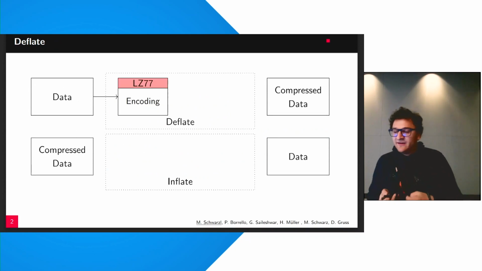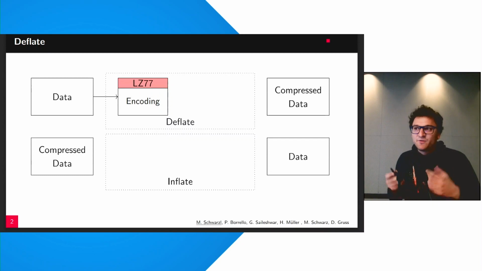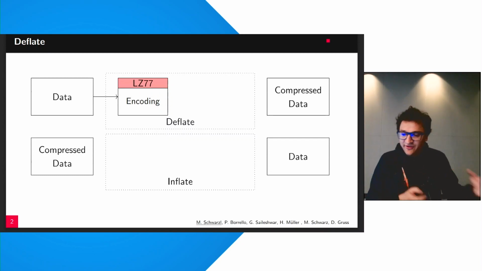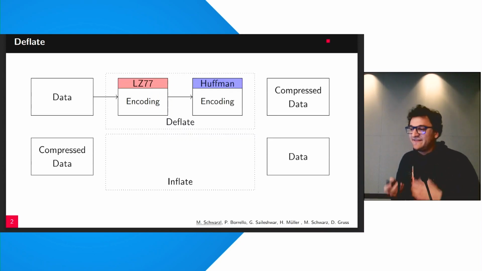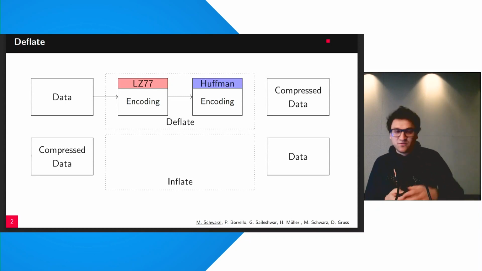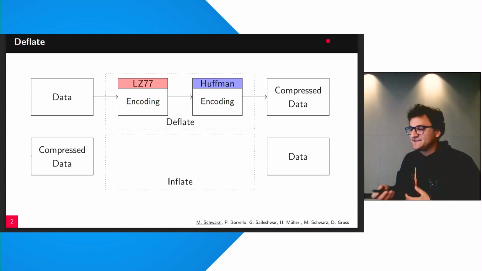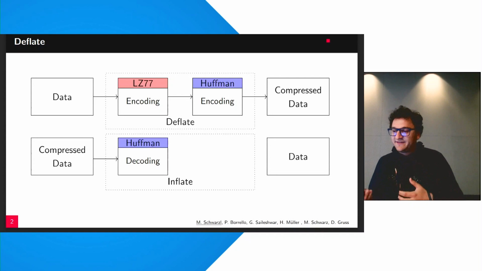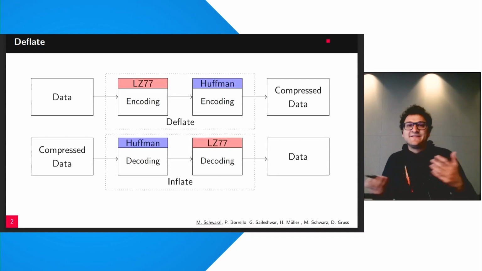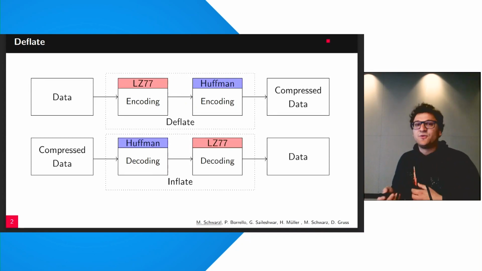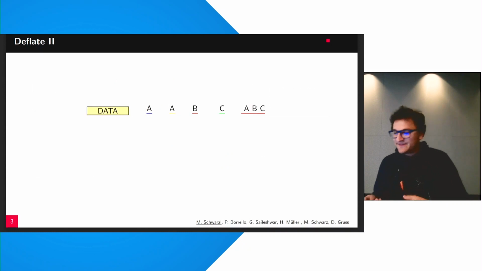In a basic setup, first data gets into LZ77, which removes the redundancy between sequences, and then a Huffman tree is created which removes the redundancy between the symbols. Then you get the compressed data, and when decompressing, it's vice versa: first Huffman decoding and then LZ77 decoding.